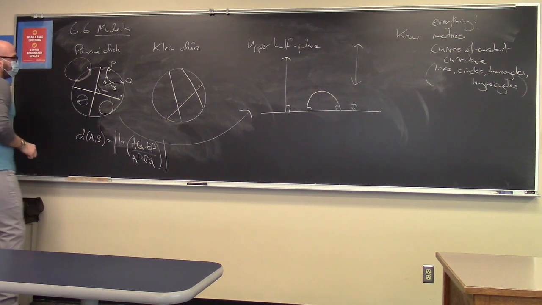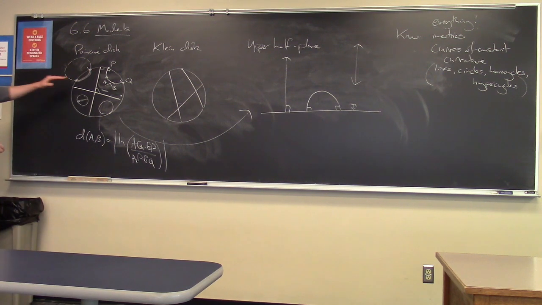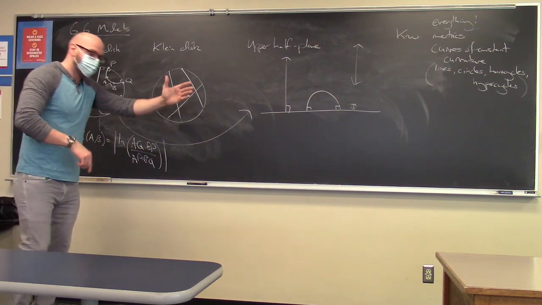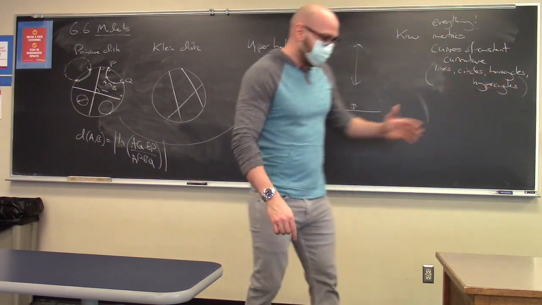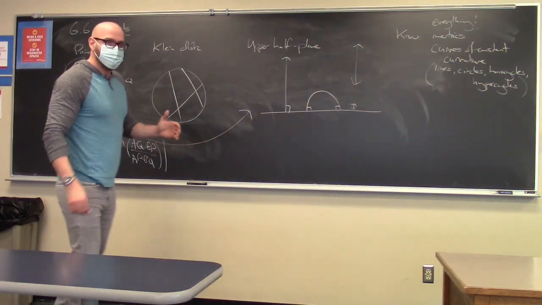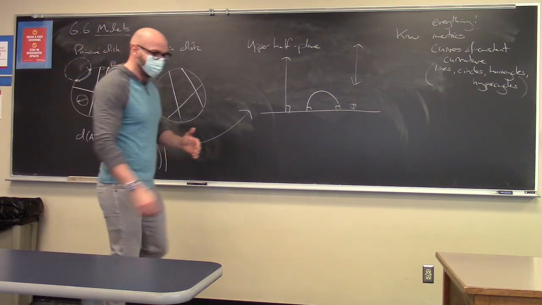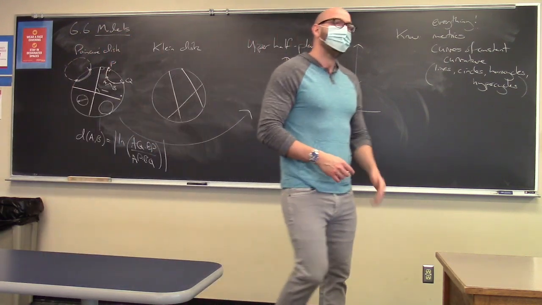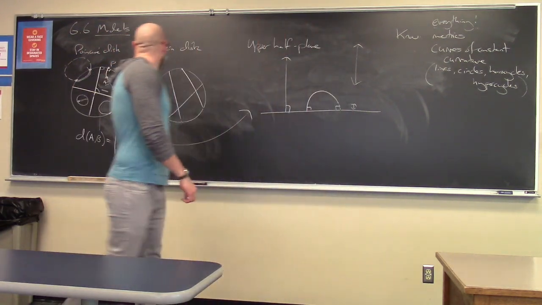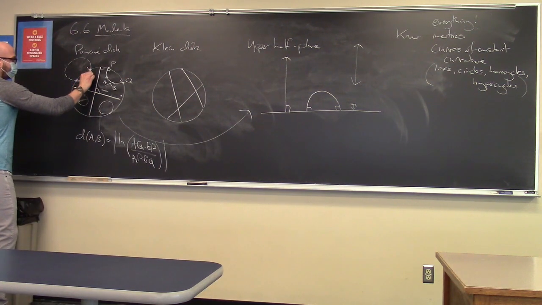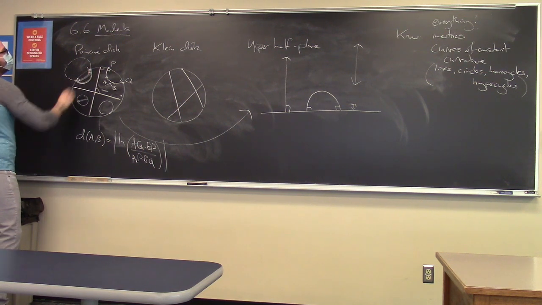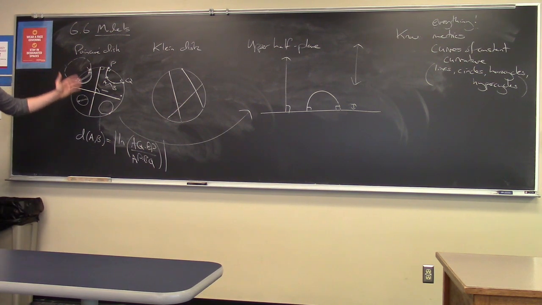So again, if you're walking along this in the hyperbolic world, you would know that you're not walking in a straight line. You would know that you're sort of curving as you walk, but because it's constant curvature, it would feel like walking around in a circle, I guess. So yeah, the straight line would be something like this, right? It would have to intersect orthogonally. Because this isn't, it's not a straight line.